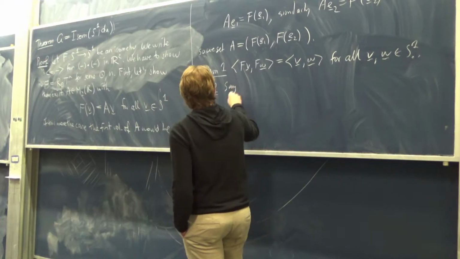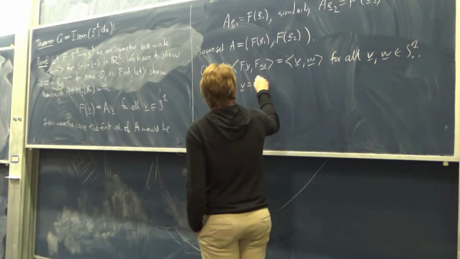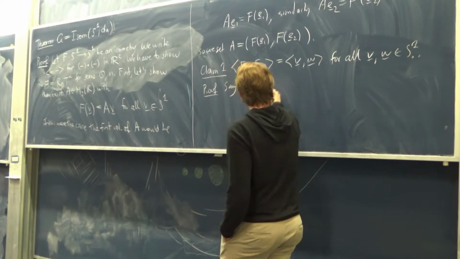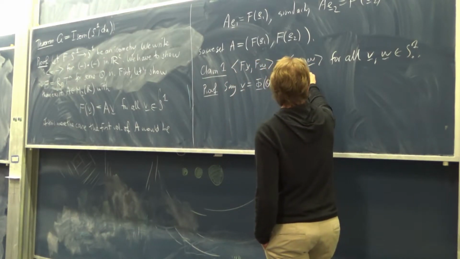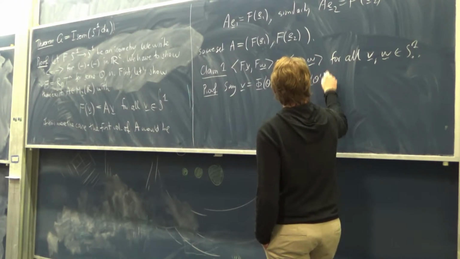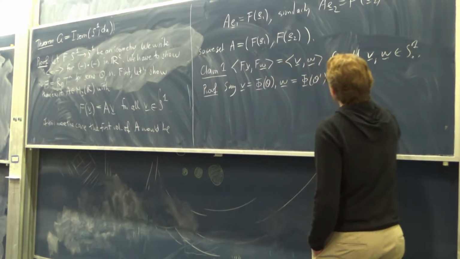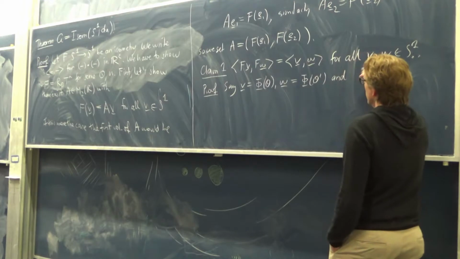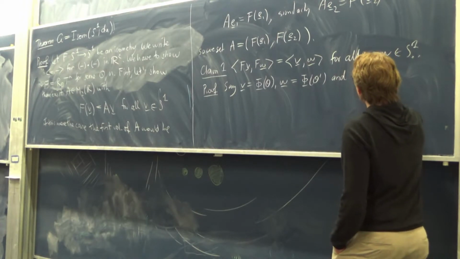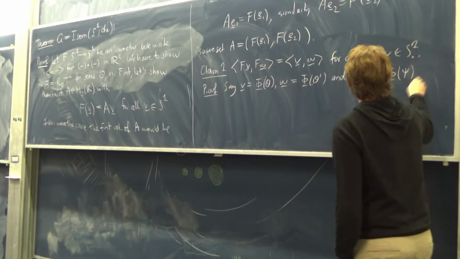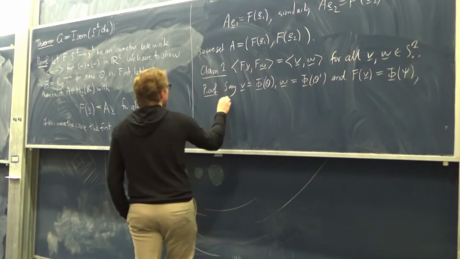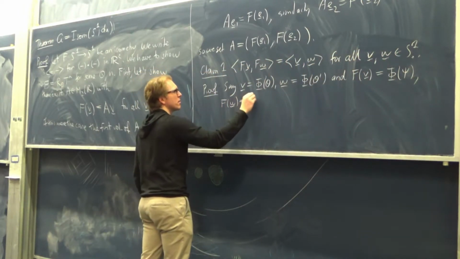Well, say I'm using the notation from the earlier lectures, right? So this is cosine theta, sine theta. Fv in principle is just some other point on the circle, and Fw is some other point on the circle.